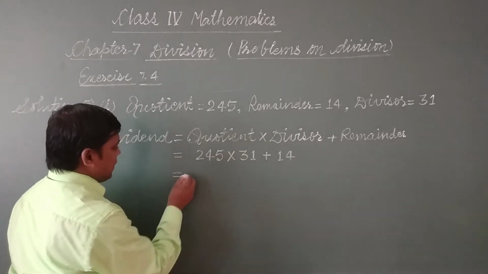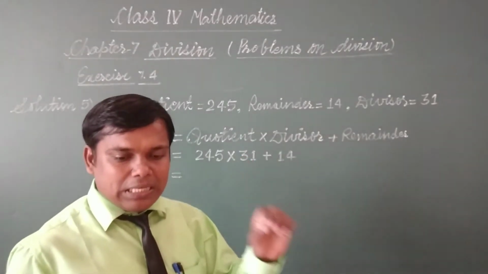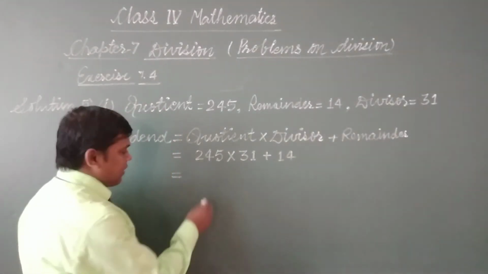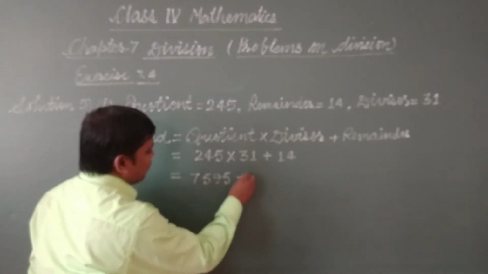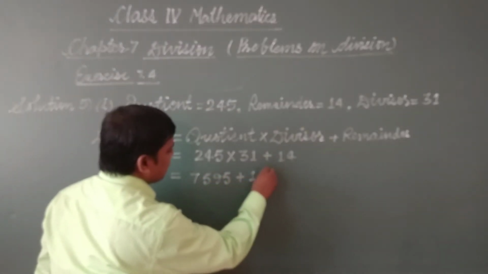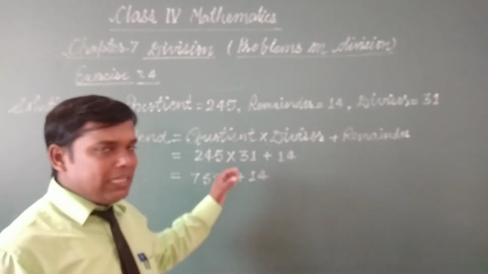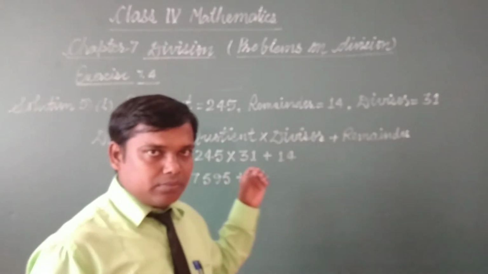Now you have to multiply 245 by 31. When you multiply, you will get 7,595 plus 14. You will multiply and check whether the product is coming correctly or not.